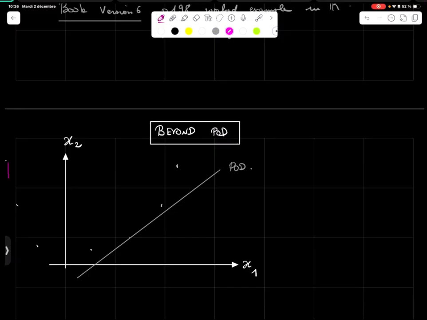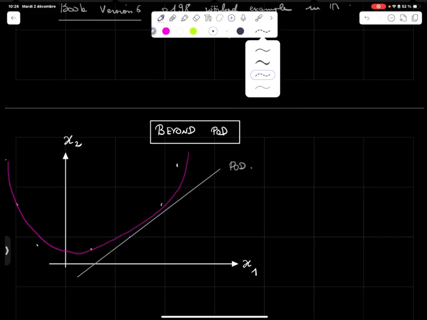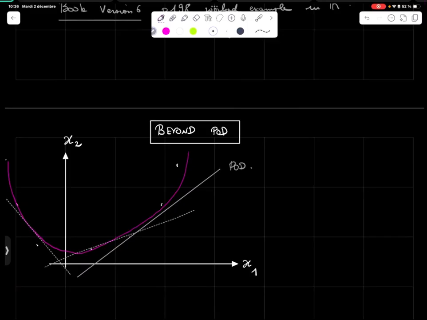It's looking like some curve, and that's not at all suitable for a linear approximation. Or if it is, it might be that you need a different POD for different cases. Depending on where you are, you need another POD, and then another POD, and so on. That's not super practical, because you need to recompute it all the time. So that would be what POD would look like. You don't want that.